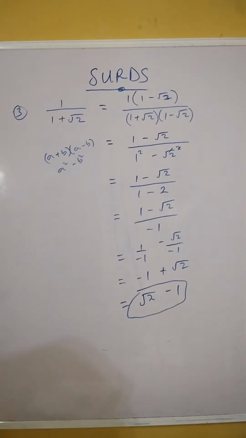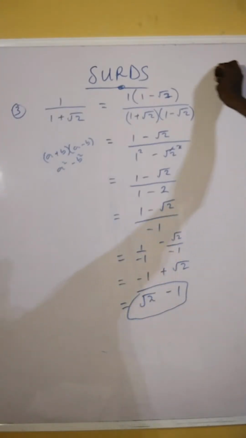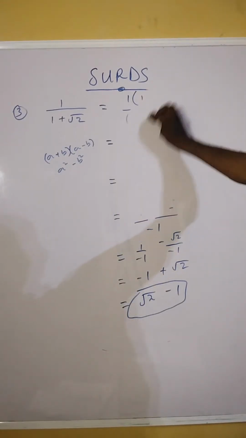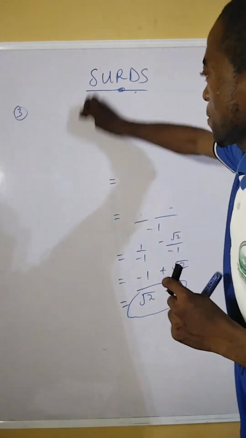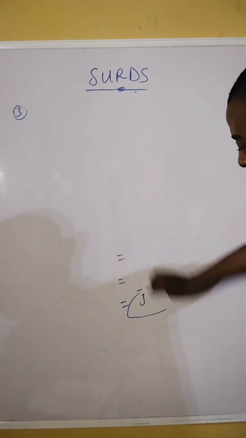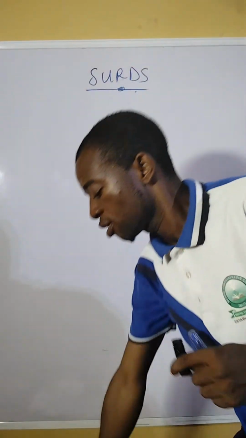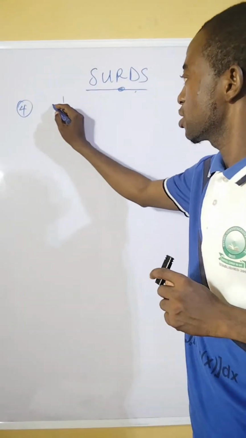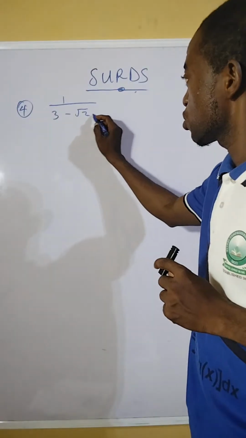Okay, so we look at another question here. We call this question number 4. And also we have to simplify 1 divided by 3 minus root 2.